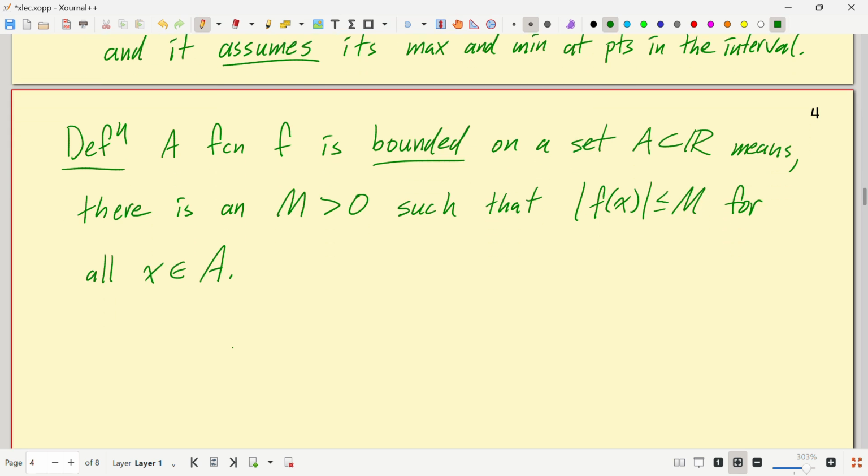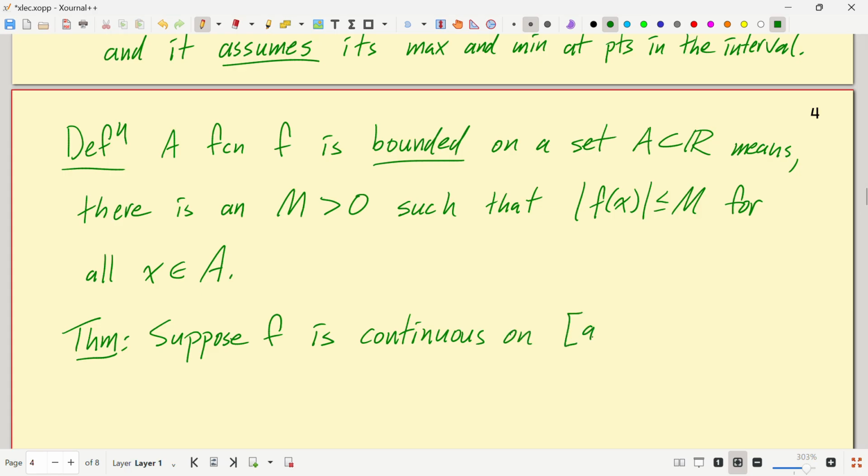Okay, so now I'm going to show you that fact. Suppose f is continuous on a closed interval. It's got to be closed, otherwise it's easy to come up with a continuous function that's not bounded.